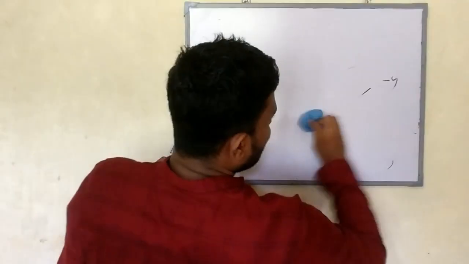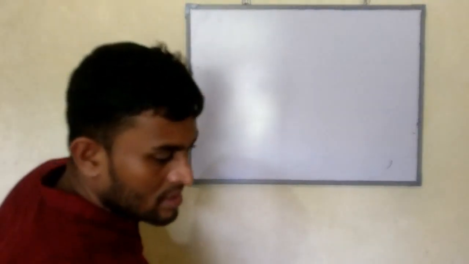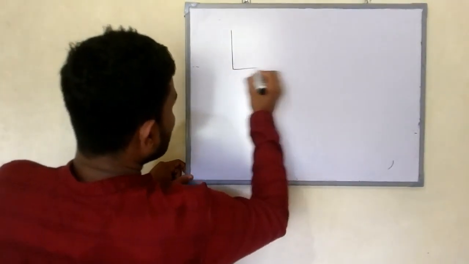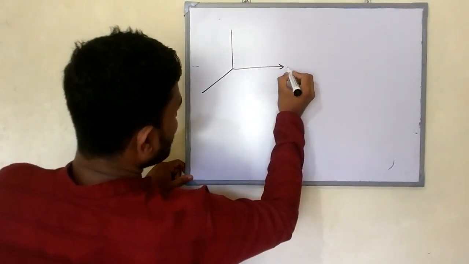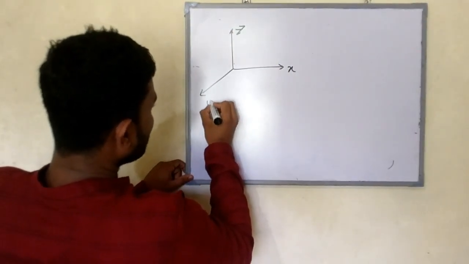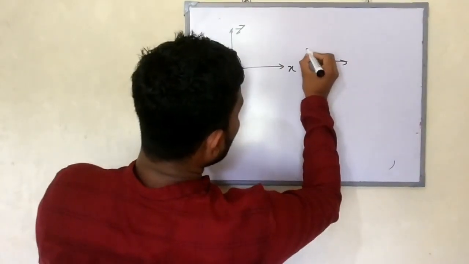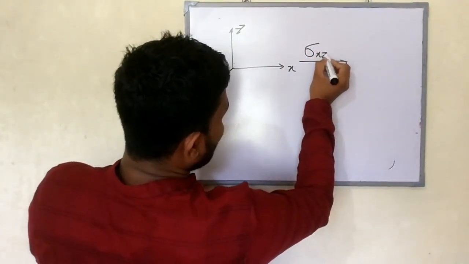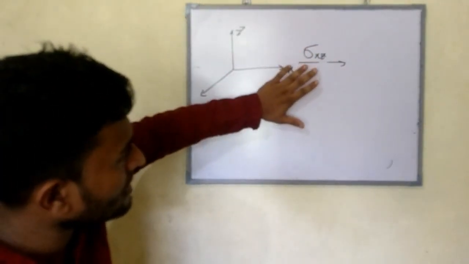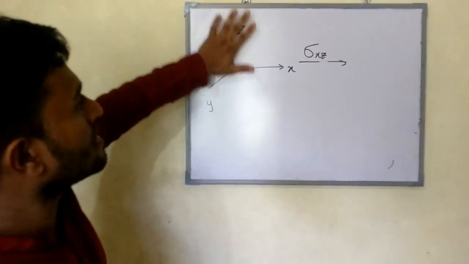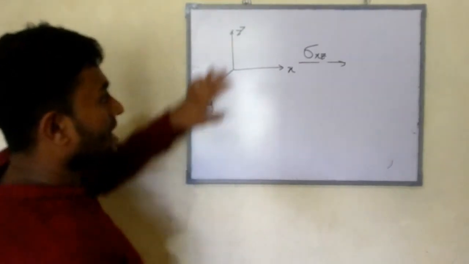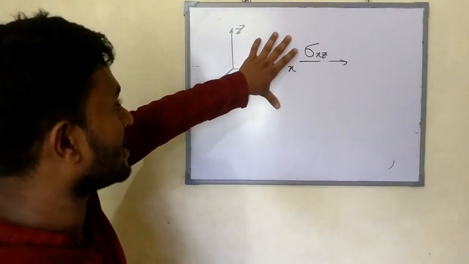Then what will happen if you put a mirror plane like this? This is your x, this is your z, this is your y. You put a mirror plane xz. If you are putting a mirror plane xz, that means x and z axes will not change.